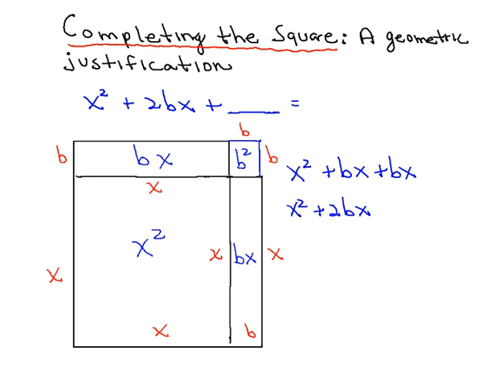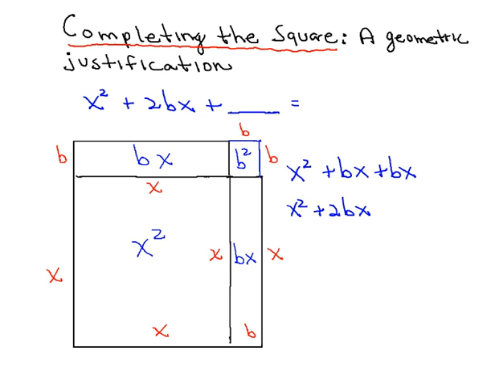Now you can see what we needed to do to make one big square was to add the two line segments in blue, each of whose length is b. So I think you'd agree now that we have the one big square where the length is x plus b and the width is x plus b.